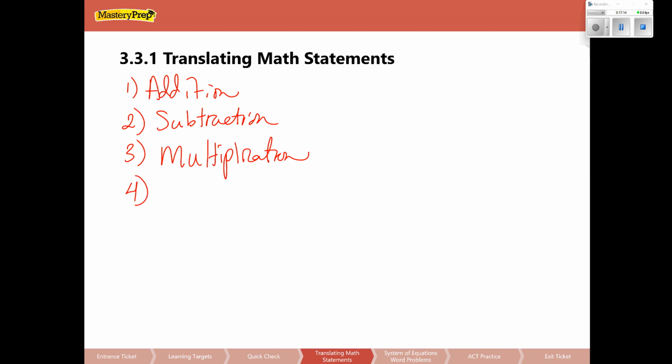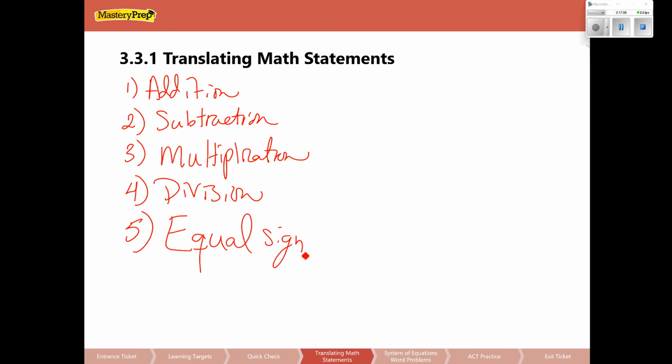What math operations do you think the words such as divide into, split between, or among, doled out, divvied up translate to? The next one. What symbol do the words equal to, is the same as translate to?